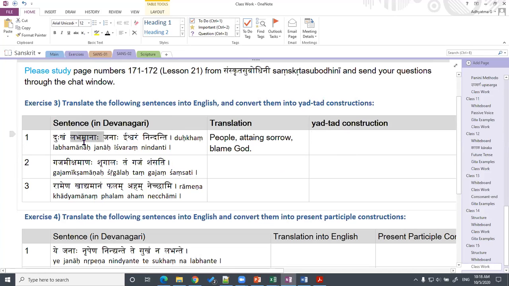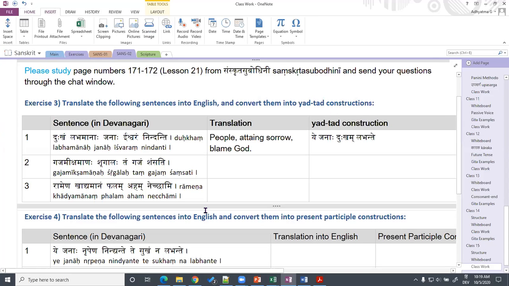lavamanaha, remember this will change into the verb form. So the participle will change into the verb form. So janaha labhante. So ye janaha dukkham labhante, te Ishwaram nindanti.